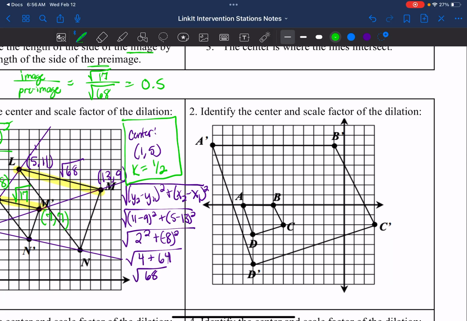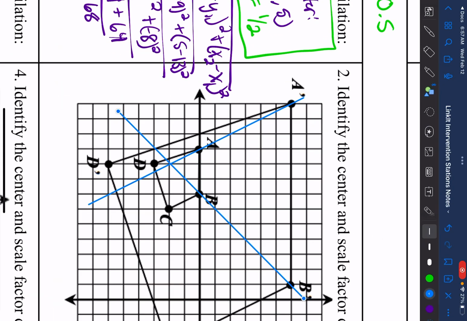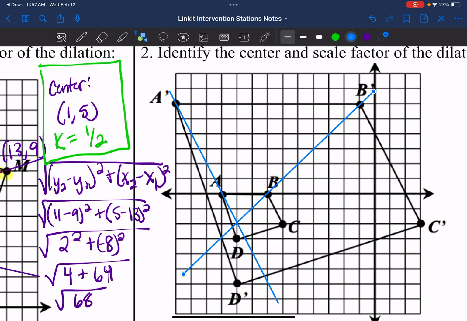Let's look at example number 2. Identify the center and scale factor of the dilation. We'll start with the center just like we did before. I'm going to connect the corresponding vertices. It's a little bit harder to do on an iPad, but I can kind of see where they're all going to converge.